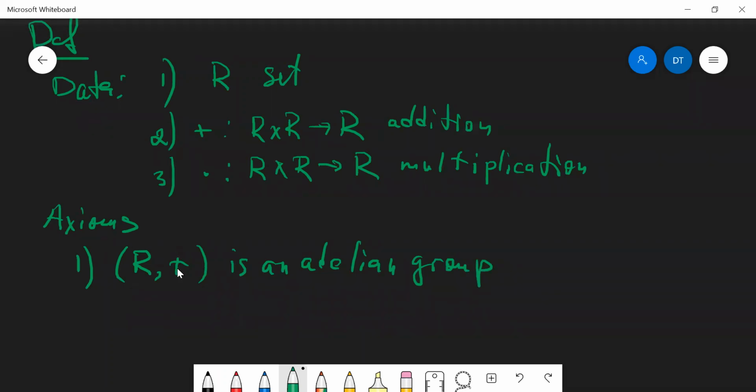So the operation plus must be associative. There must be a neutral element, which is denoted by 0. Each element must have its inverse, and the order of the operands doesn't matter.